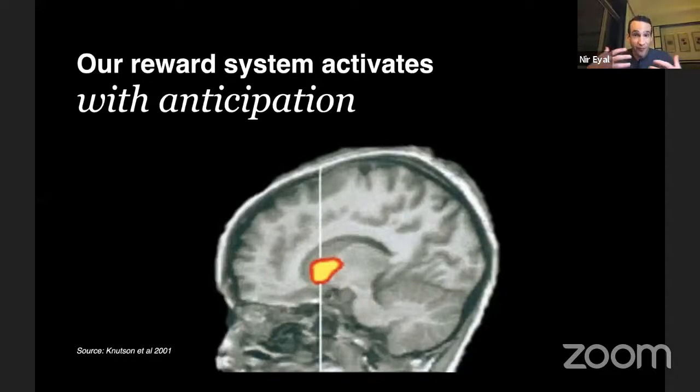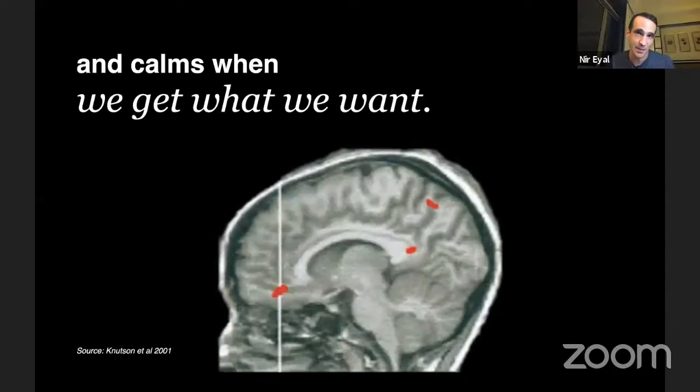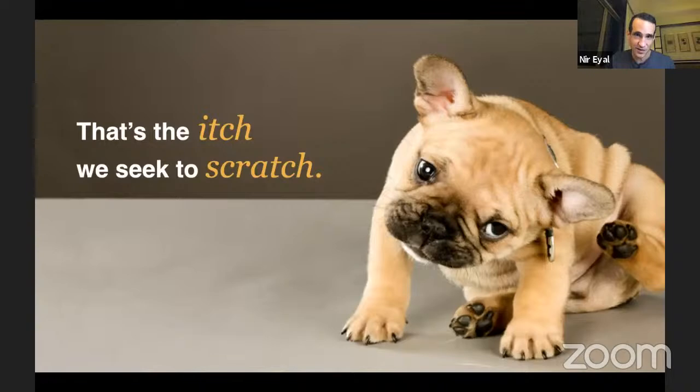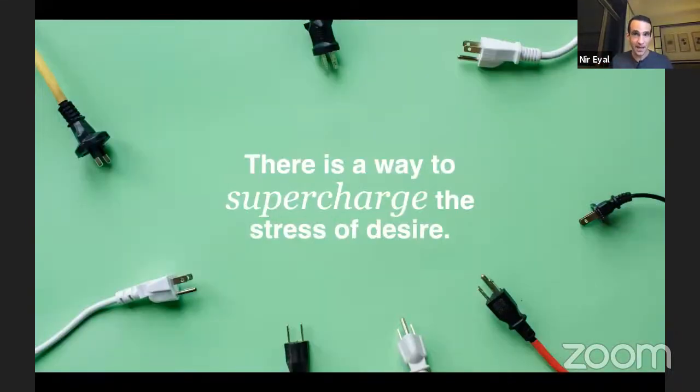But when we finally get the thing that we think is going to make us happy and make us feel good, that's when the nucleus accumbens becomes less active. So the way the brain gets us to act is not by making us feel good per se, it's by creating this itch that we seek to scratch, this wanting, this craving reflex. And I can tell you a way that you can supercharge your customer and users' stress of desire.